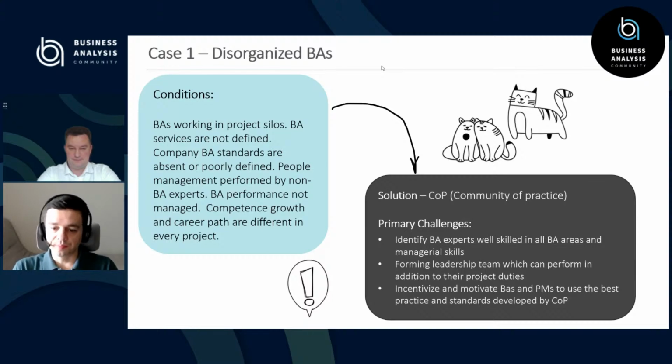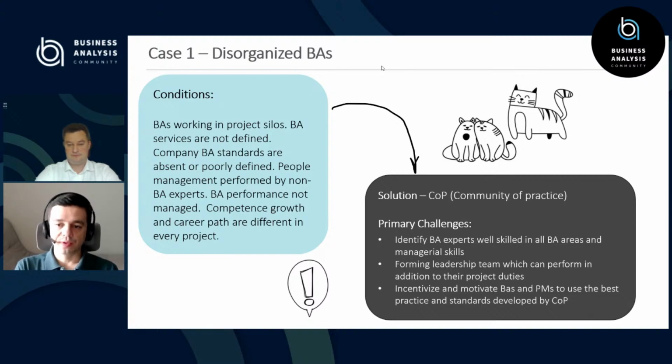So here, the best, most applicable solution will be to start forming and building a so-called community of practice. Today we'll use two terms, community of practice and center of excellence. You may find various other names for those, but this basically means that you don't have a centralized division, unit or department.